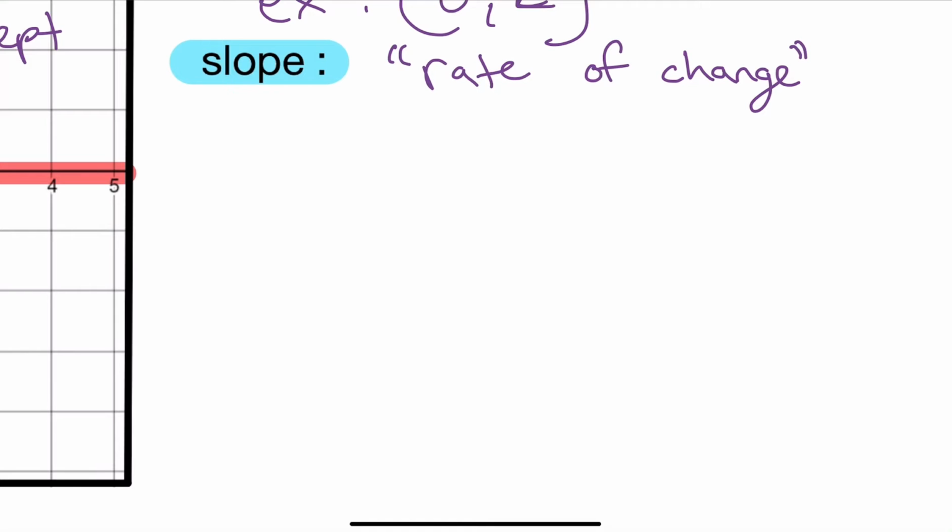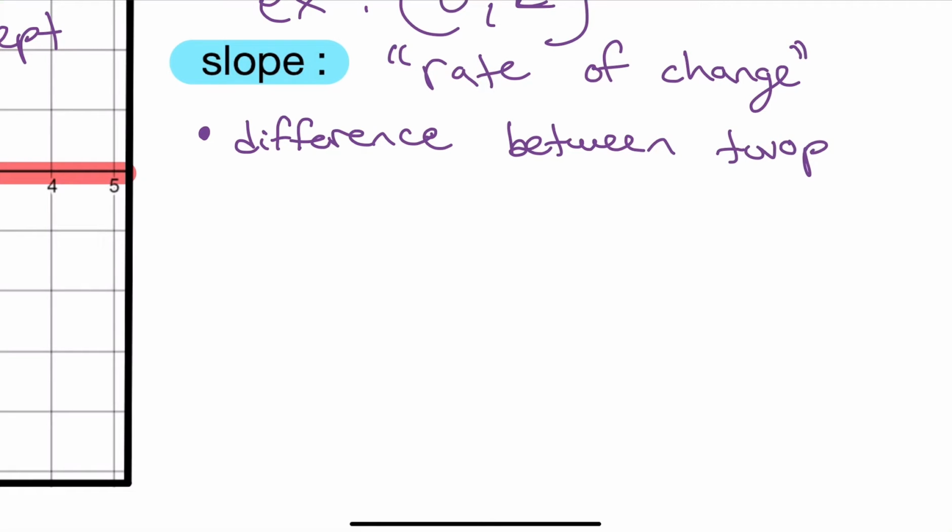So another way to say that is the slope is the difference between 2 points on the line. Okay. Difference between 2 points on the line. So we're going to need at least 2 to look at or calculate, as you'll see later.